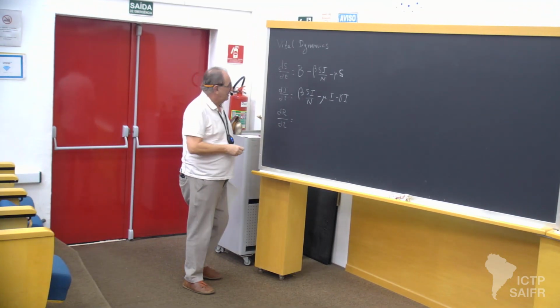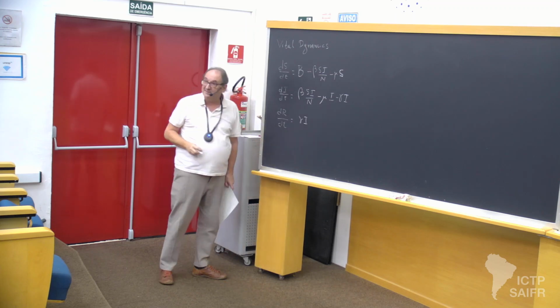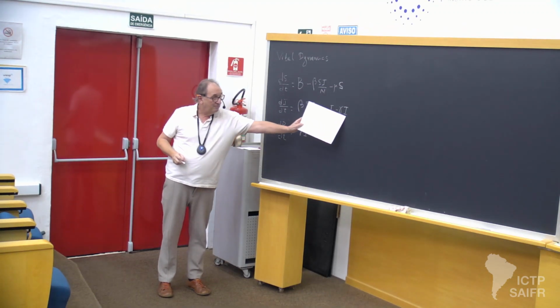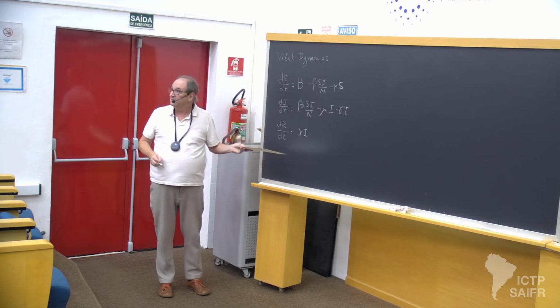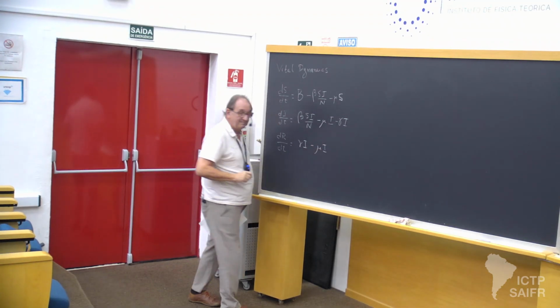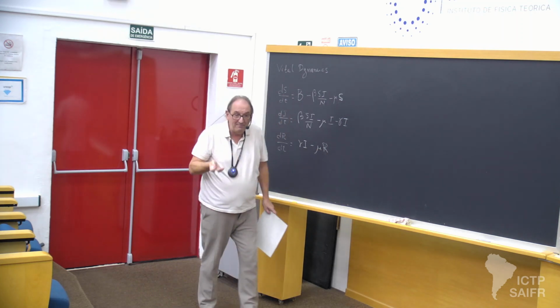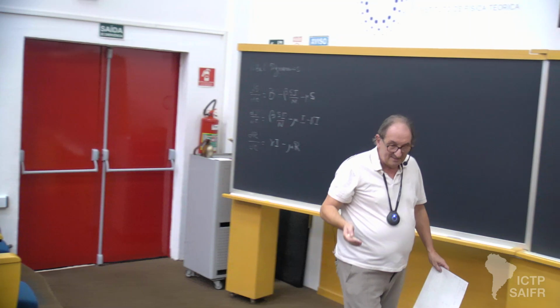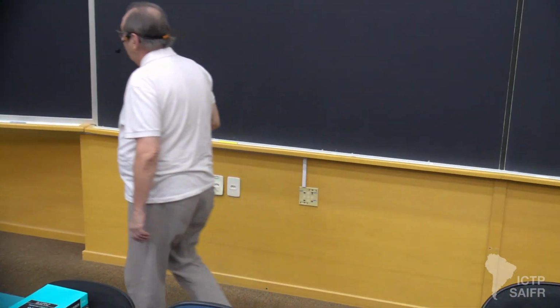So, and then for R, I get what I got yesterday. All of the people that are immune, which recovered, go to the recovered class. And these people also die. But I'm considering that the disease has no sizable effect on the death rate.